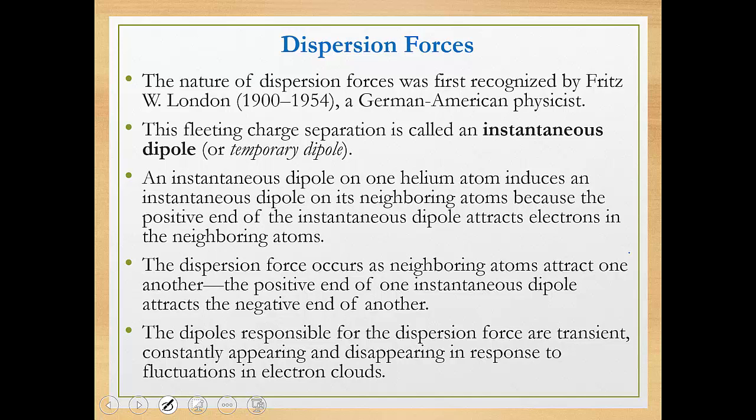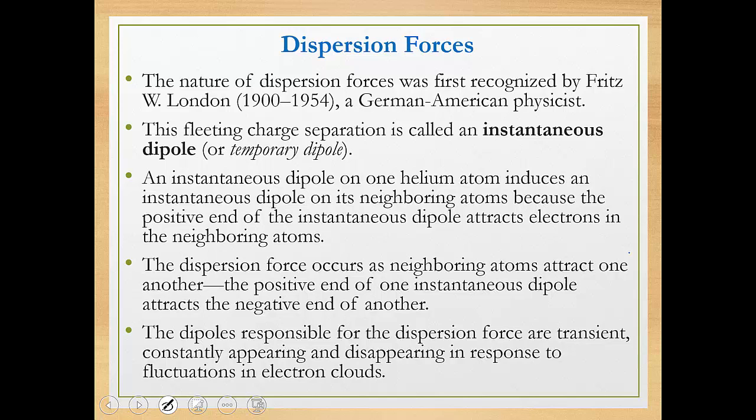When you have that temporary charge separation, that temporary dipole, it's also known as an instantaneous dipole. It's not permanent, it's not there all the time, it just happened at a particular instant for that molecule or atom. In the figure we just saw, an instantaneous dipole on one helium atom can induce an instantaneous dipole on a neighboring atom.